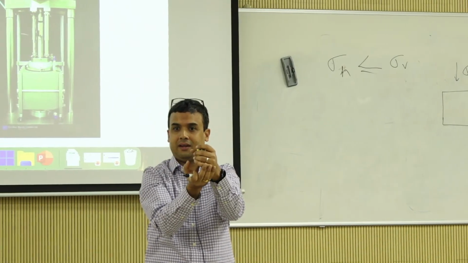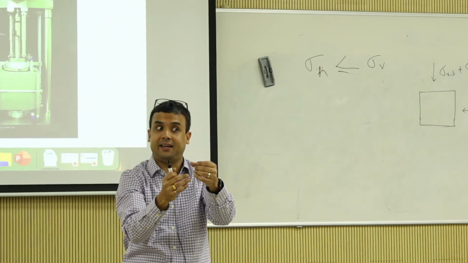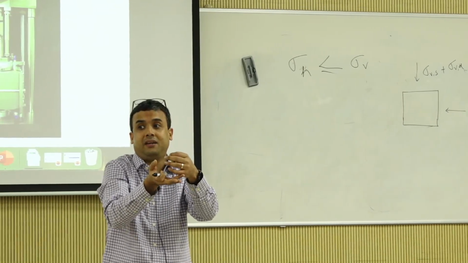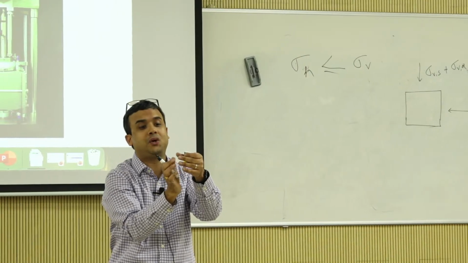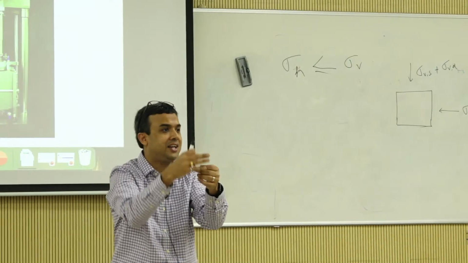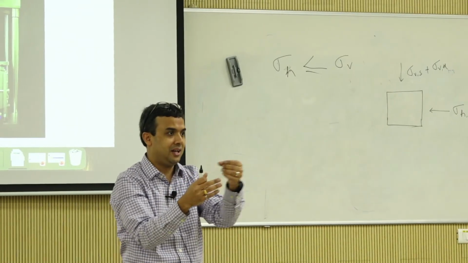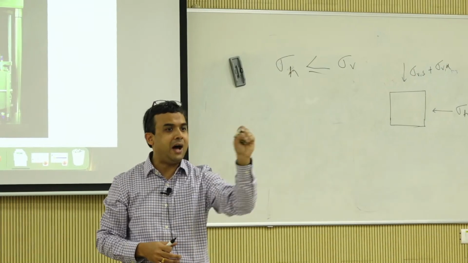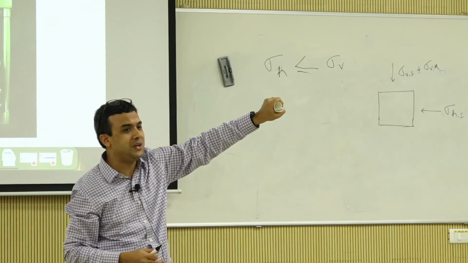confining all the way. Now I am separating it, because when it was the same air pressure covering, I had no way of making sure that the horizontal is greater than the vertical, because at least the vertical is feeling the same as the horizontal. Now I am separating it. I am now holding it this way. So now if I am holding it, I can squeeze it this way, can't I?